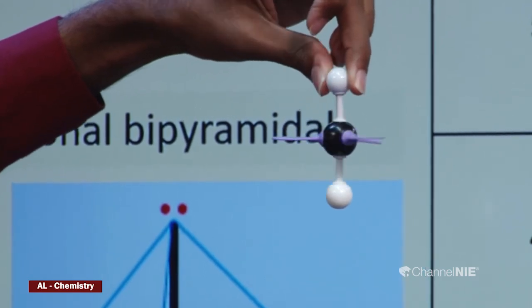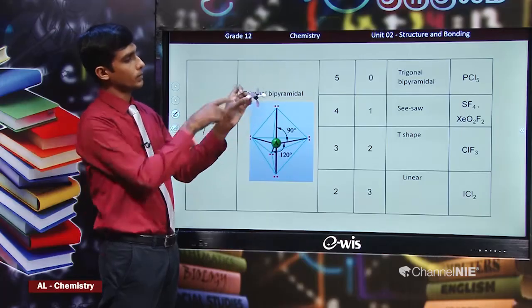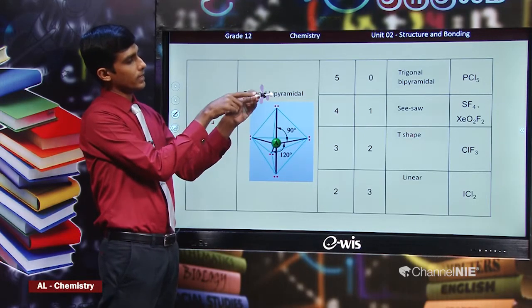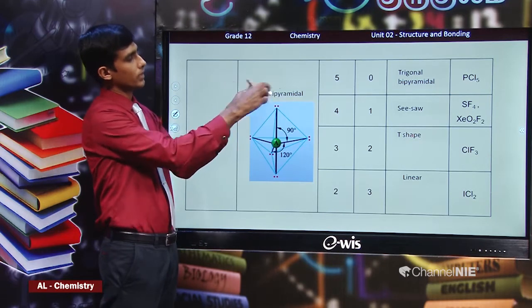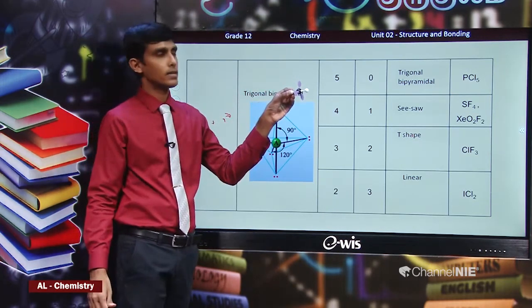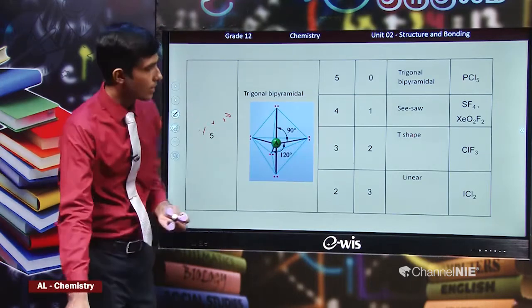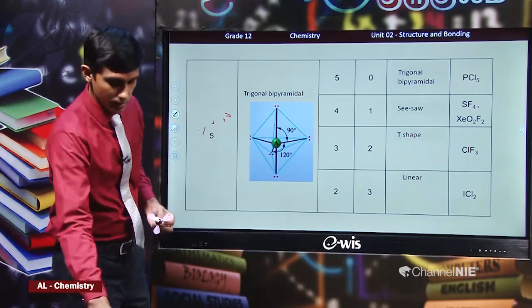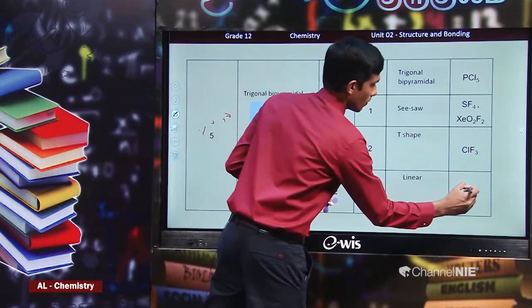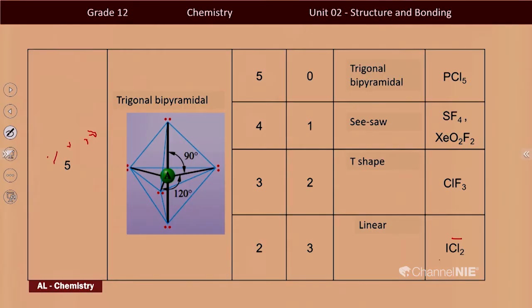Right. So this is called the linear arrangement, because if you just disregard the lone pairs and get the shape between the atoms, that is linear. So that linear shape will be there. Examples are also given. Now in this one, ICl2 minus, and another example I can give is I3 minus.